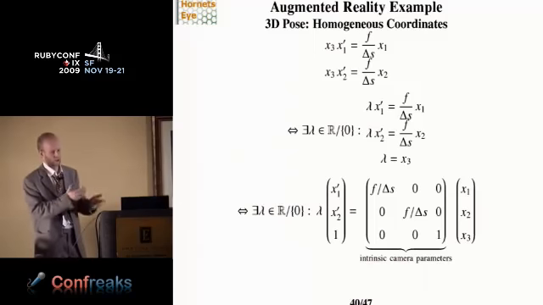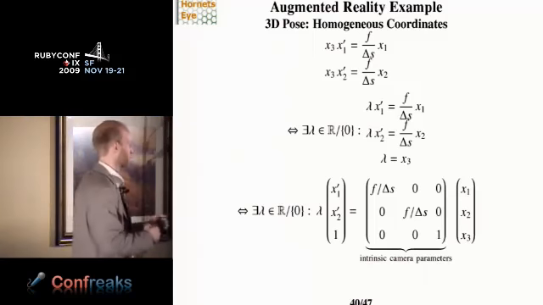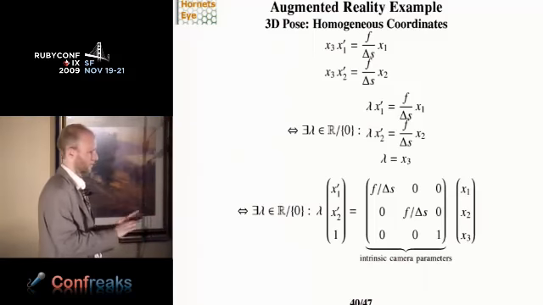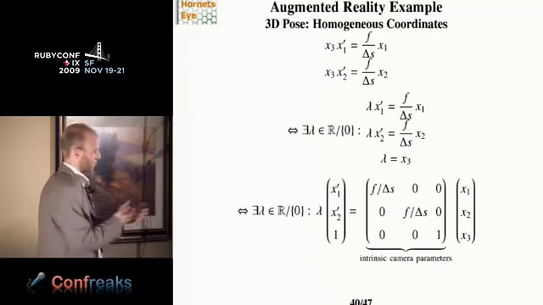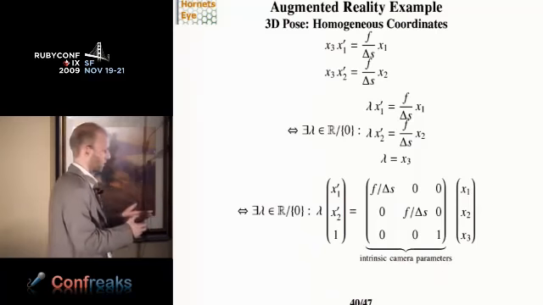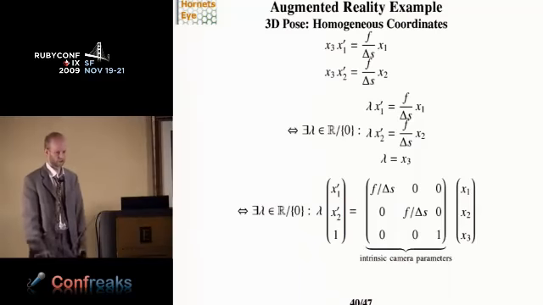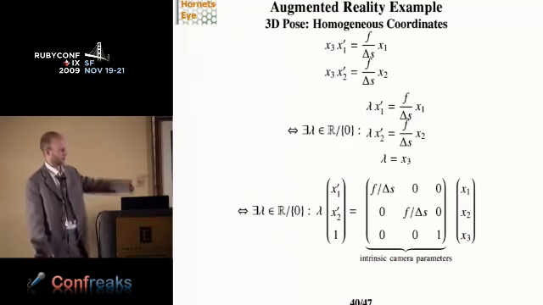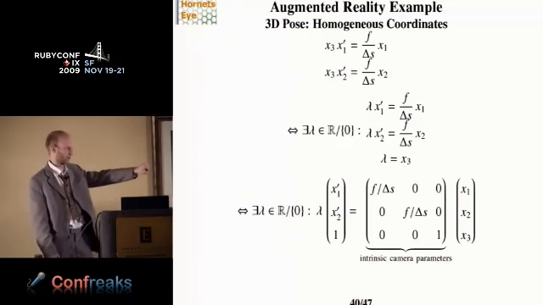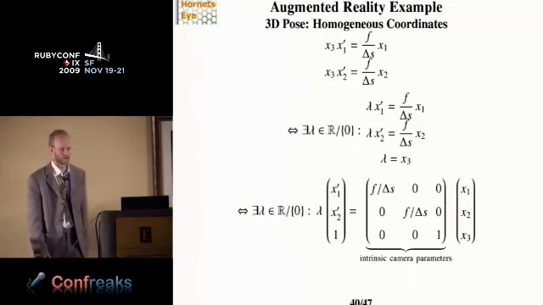We just set lambda to x3 and add an additional equation that lambda has to be x3. And we require lambda to be non-zero. And the reason to do this is that this will allow us to write all these projection equations using matrix vector multiplications. So it makes it easier to handle. And this matrix is actually the intrinsic camera matrix. This will do the projection for us.